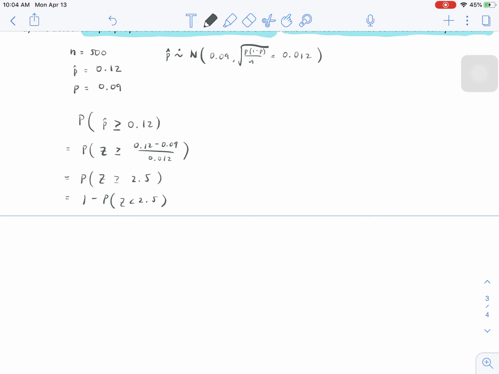The area to the left I get from my z-table is 0.9938. So the area to the right is 1 minus that, which is 0.0062. This is less than 0.05.